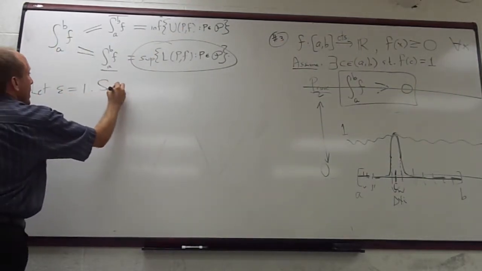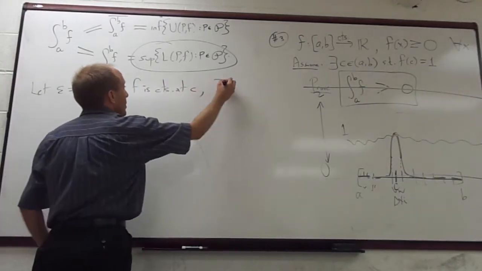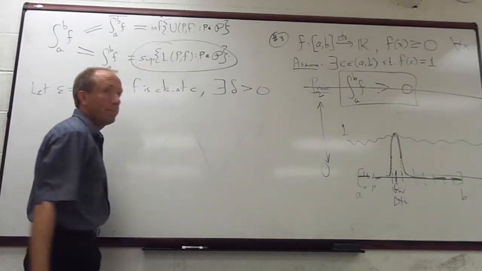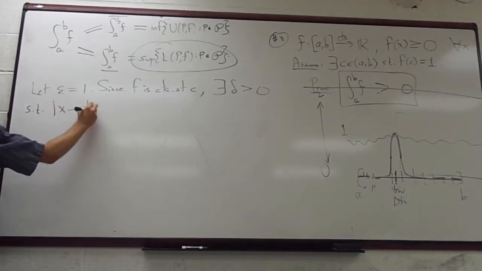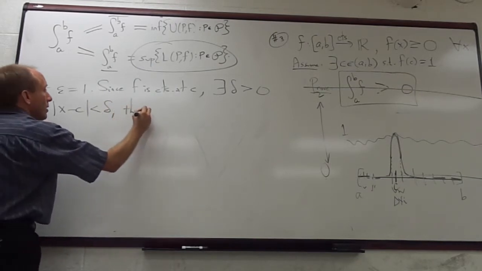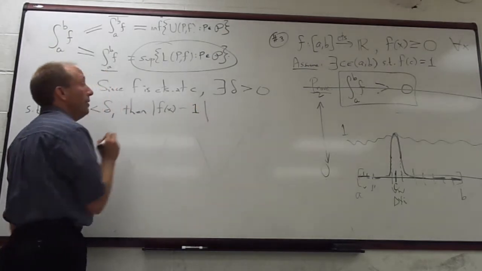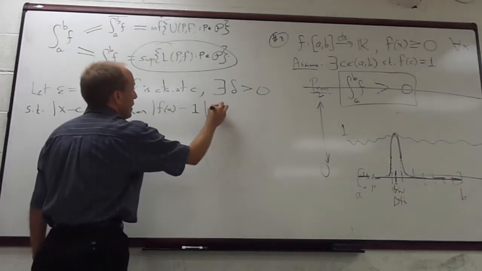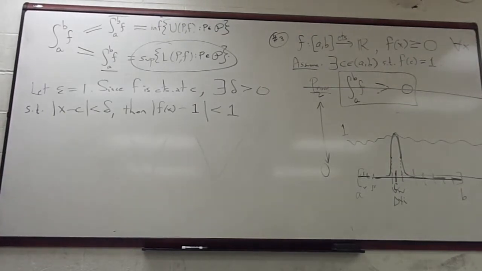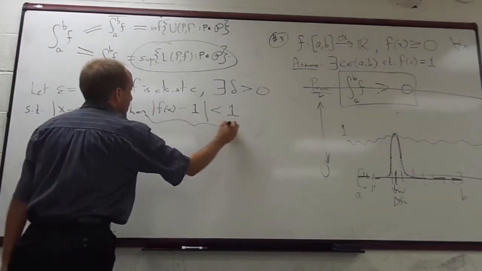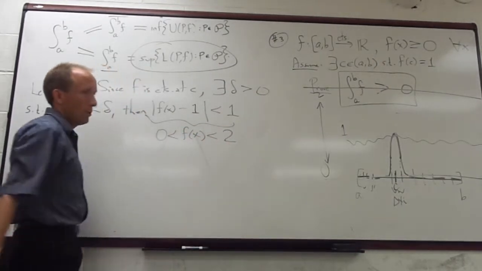Since f is continuous at c, there exists a delta greater than 0 such that if the absolute difference x minus c is less than delta, then the absolute value of f of x minus f of c, which is 1, is less than 1. In other words, this really means that f of x is between 0 and 2.